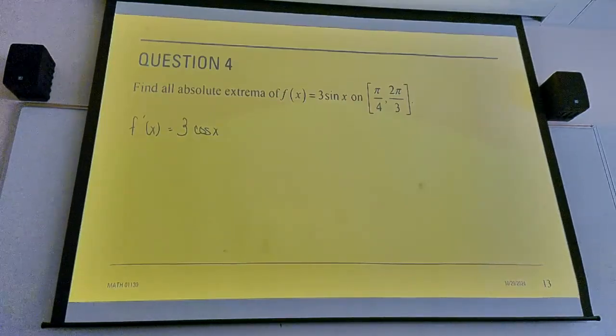Okay. Domain of cosine is all real numbers. It's defined everywhere. Right? Secant wouldn't be defined at odd multiples of pi over 2 because then cosine would be 0. And secant's 1 over cosine.